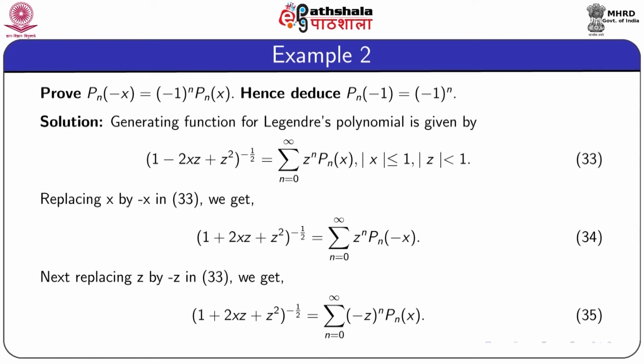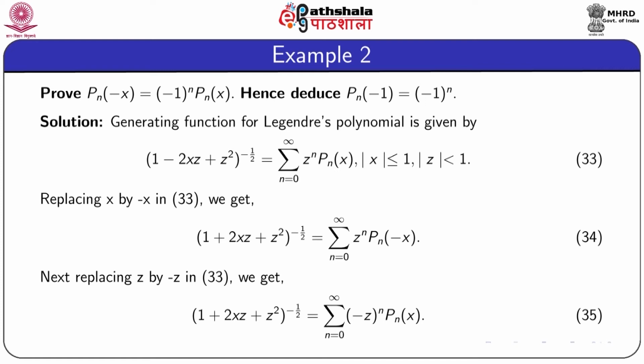Again, you replace z by -z in 35, and we get (1 + 2xz + z^2)^(-1/2), which is equal to summation n equal to 0 to infinity (-z)^n P_n(x), which is equation number 37. Now, in equation 36 and equation 37, the left hand side has the same expression.